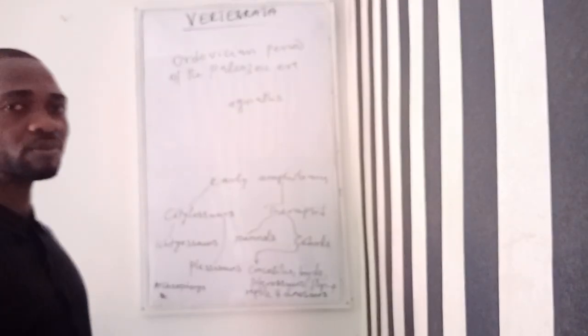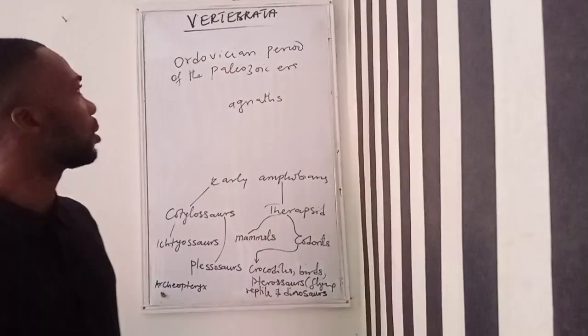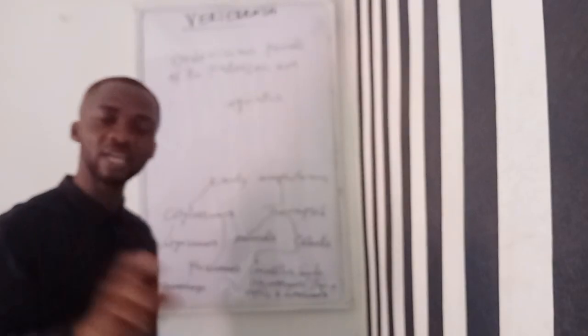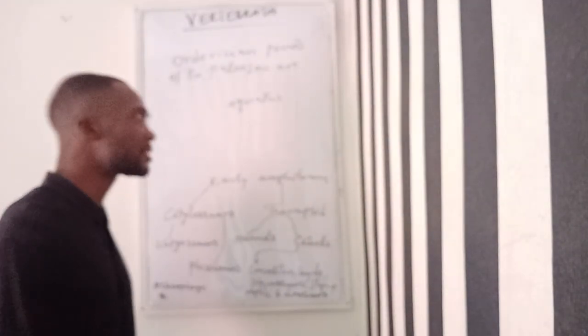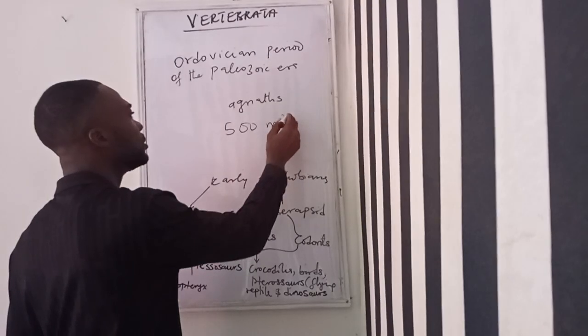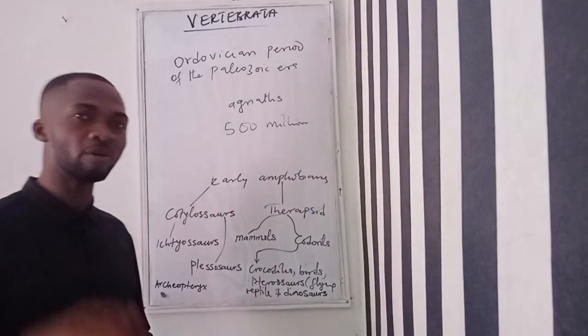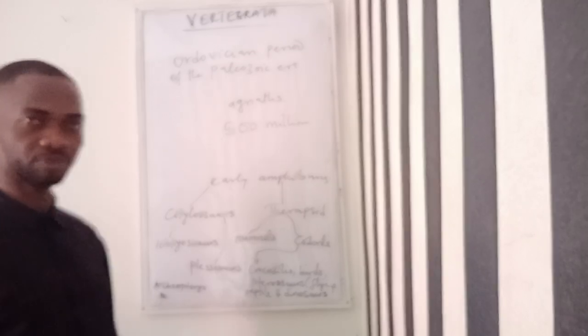According to the fossil record, we are told that the oldest vertebrate appeared on the earth during the period that is called the Ordovician period of the Paleozoic era. This is about 500 million years ago. That is when this first group of vertebrates evolved.